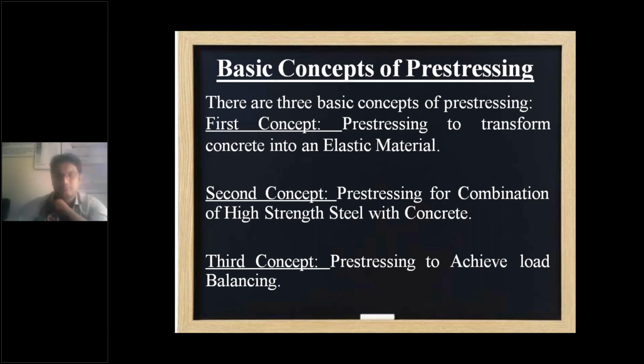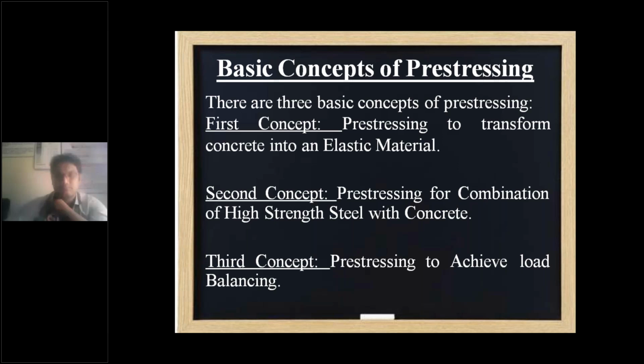The second one is prestressing as a combination of high strength steel with concrete. There should be a combination, right? Without pulling strands, you can't compress a concrete element, isn't it? That is the second concept. The third one is prestressing to achieve load balancing. So why are we doing all this? To balance the load and the stresses.